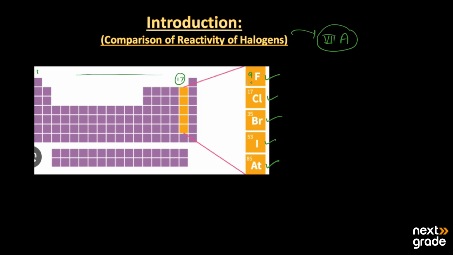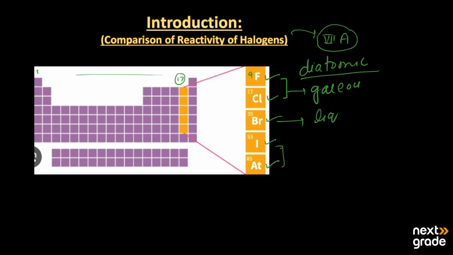Basically, fluorine, chlorine, bromine, and iodine exist in the form of diatomic molecules or in the combined state. Both fluorine and chlorine are in gaseous form. Bromine is present in the liquid state, and iodine exists as a solid.